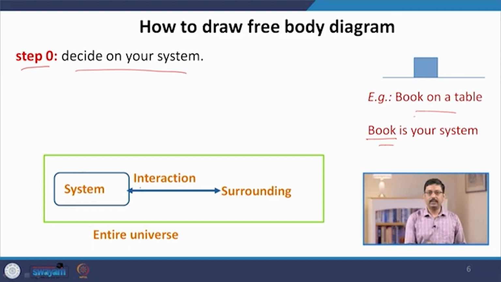It just defines what is inside the system and what is outside the system, and the system interacts, meaning it exchanges contact and field forces, with the surroundings. The surroundings can be several different objects, as we shall see. This is the mental picture that I want you to keep in mind.